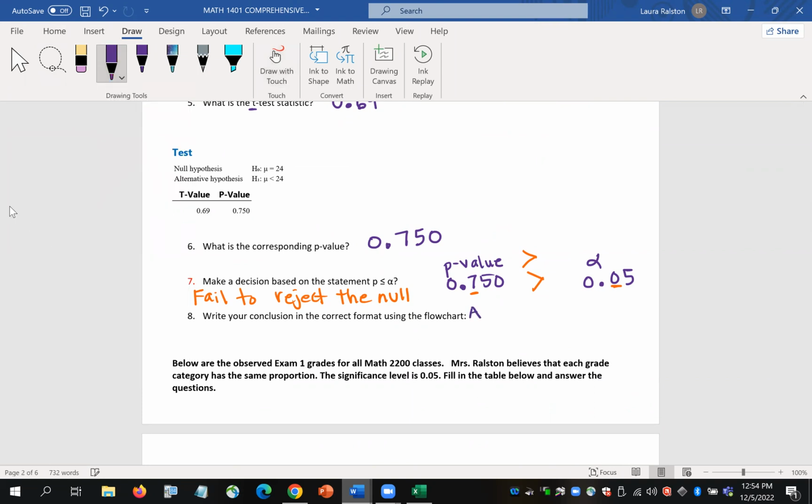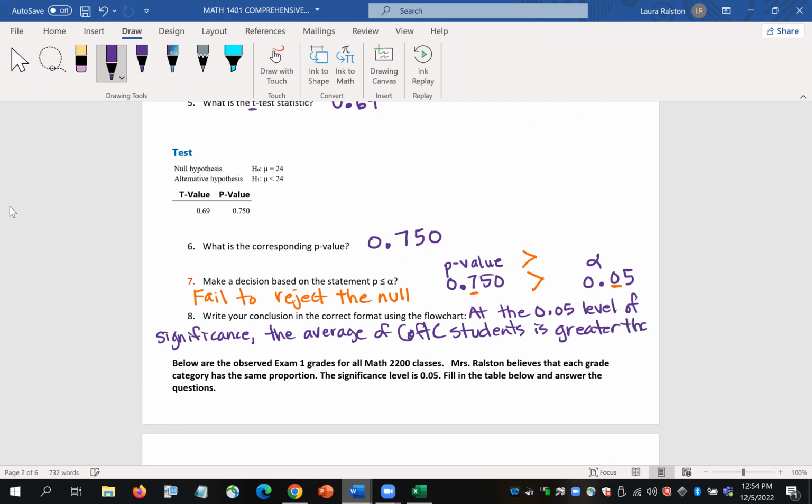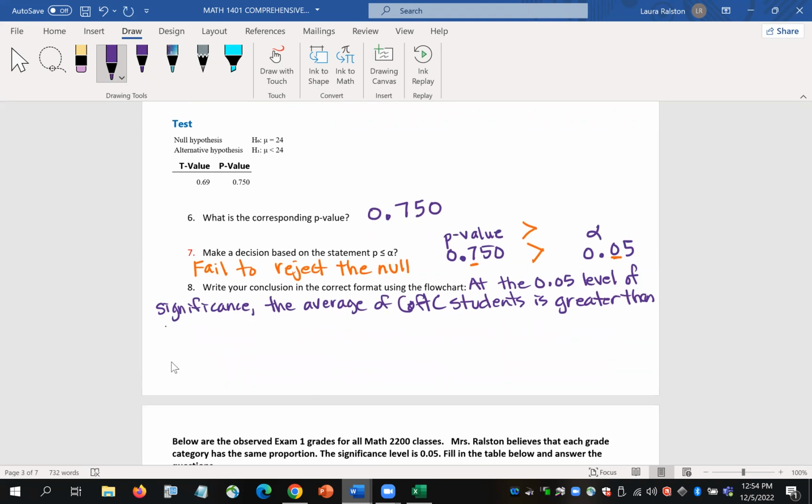So we would say at the 0.05 level of significance, the average age of GHC students is greater than or equal to 24.